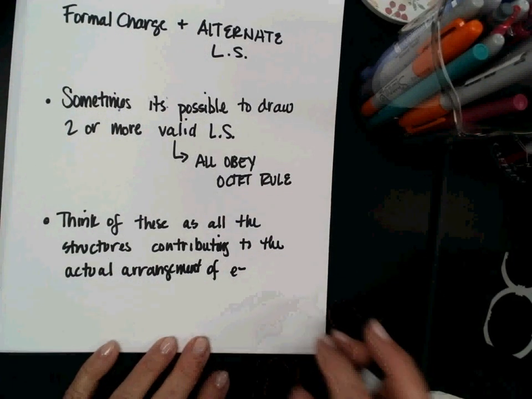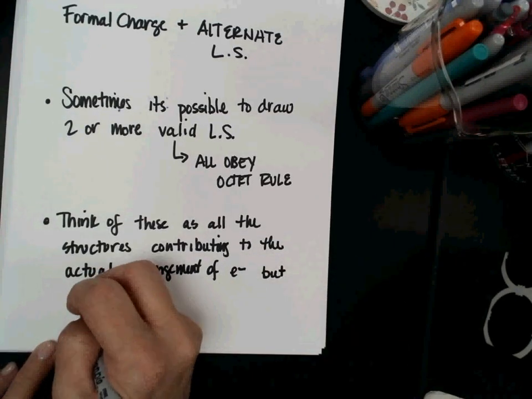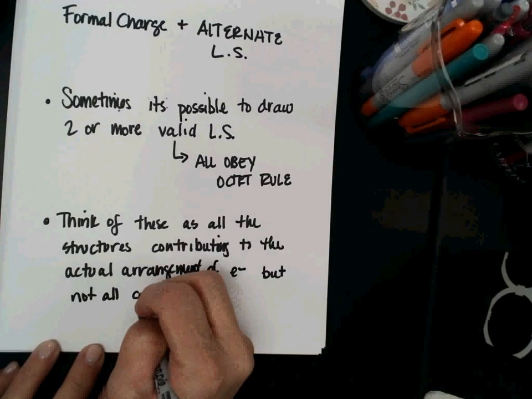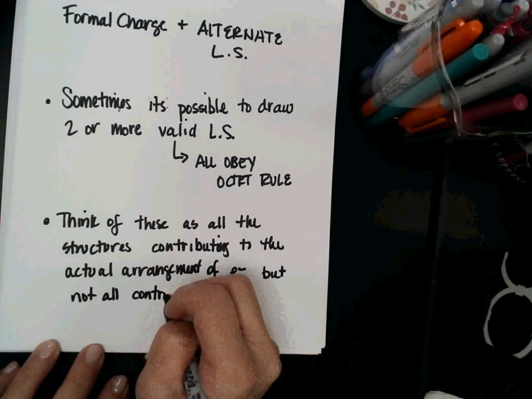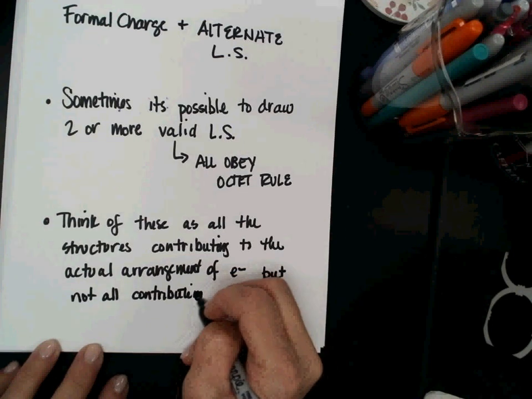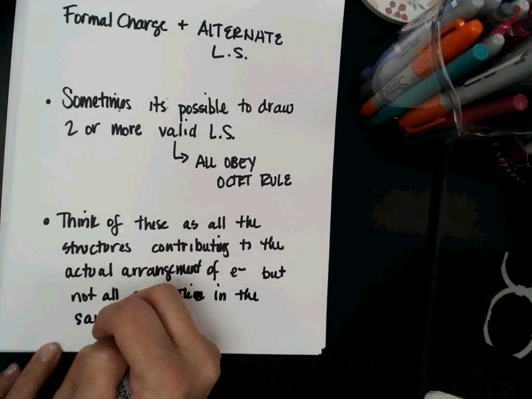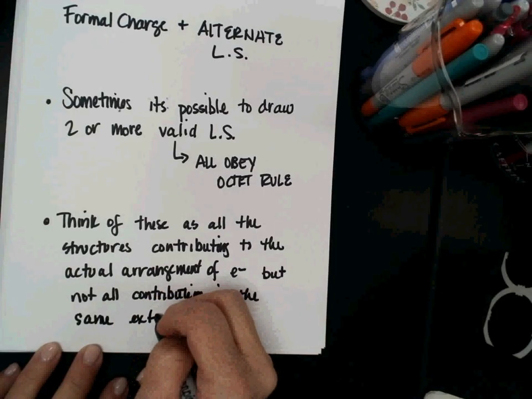So they all contribute to what the valid Lewis structure might be, but not all contribute in the same extent.